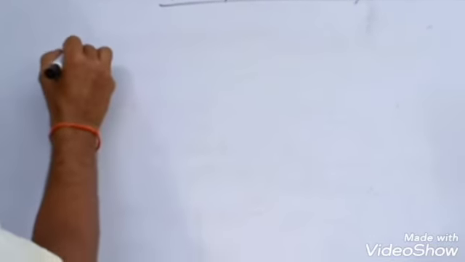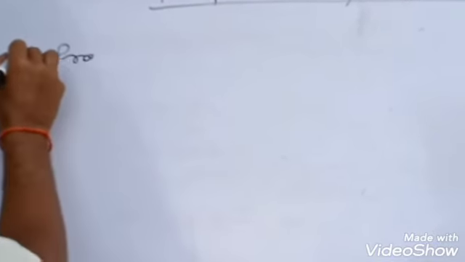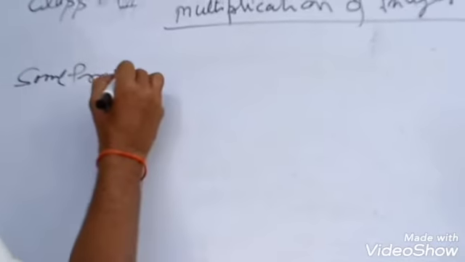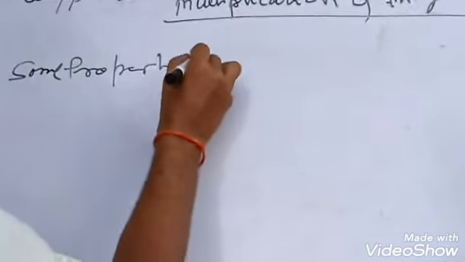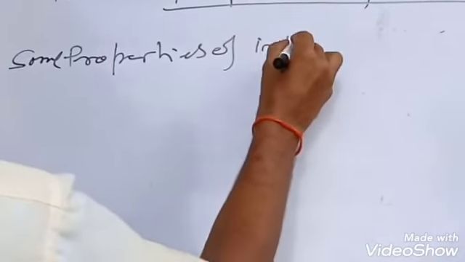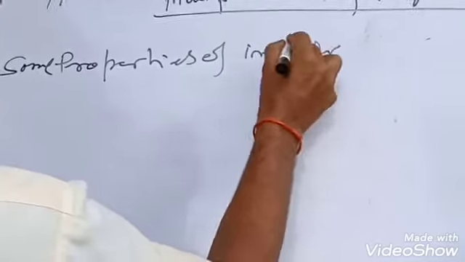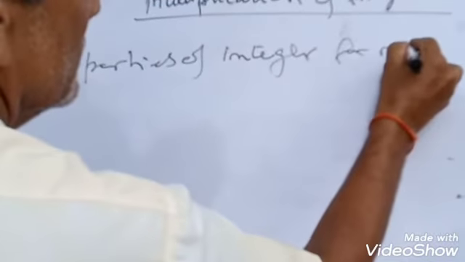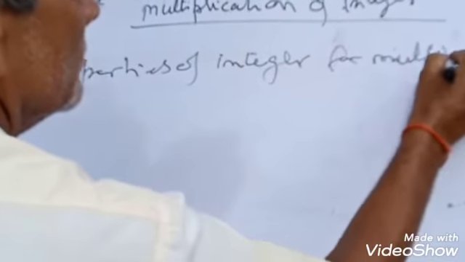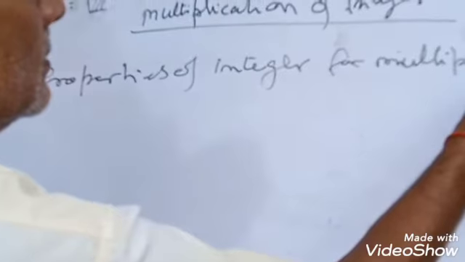Now, some properties of integers for multiplication. First, closure property.